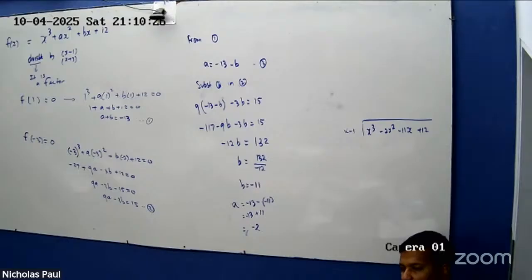Long divide, work it out, and then factorize it, so you have all three factors.